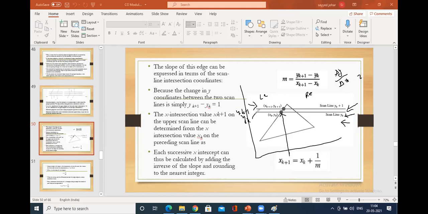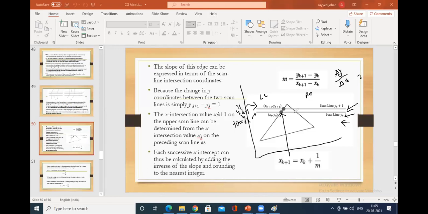So we have two scan lines, right? Where exactly it is intersecting, we have to identify what is the xk value, what is the yk value. Similarly at this point, what is xk plus 1, yk plus 1. If I say the value of yk is maybe 10 over here, then the value of yk plus 1 will be 11.